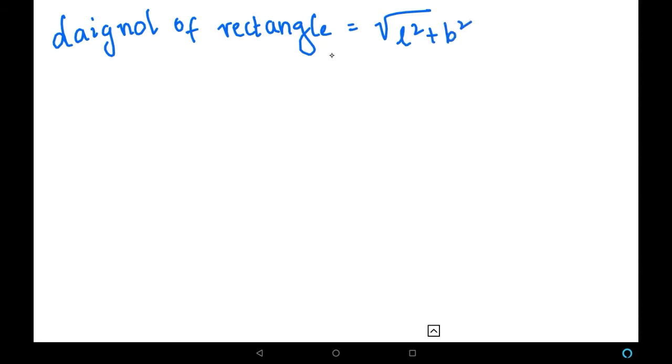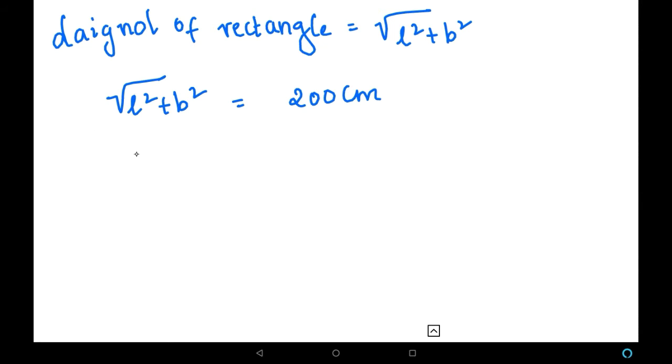This formula can be equal to 200, as 200 is the diagonal for the given rectangular field. So root of L square plus B square can be equated with 200.